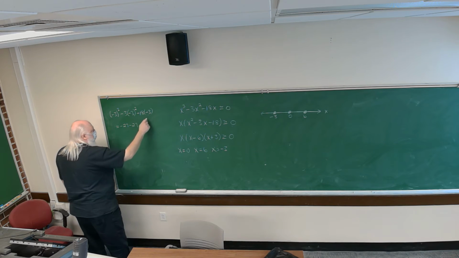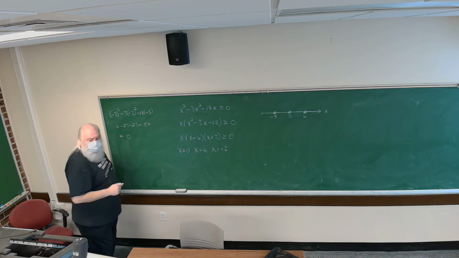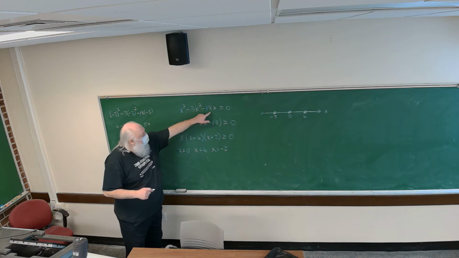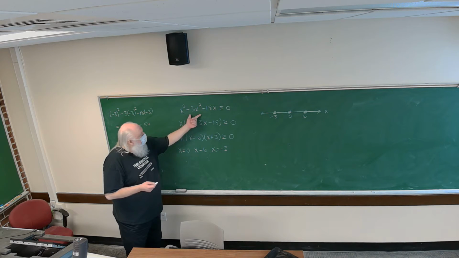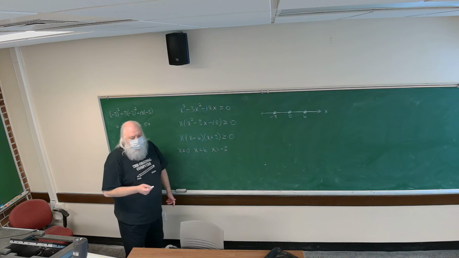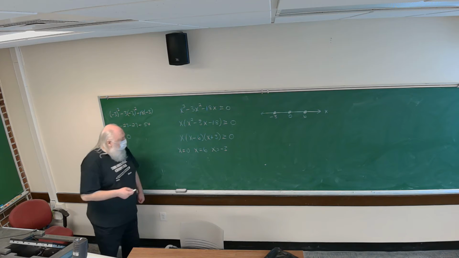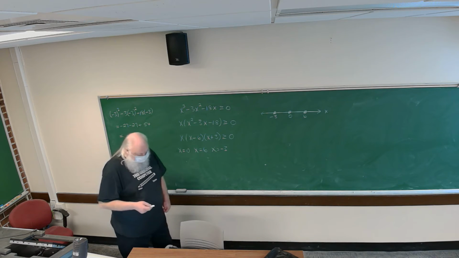Minus 18 times minus 3 is plus 54. That equals 0. So minus 3 put in for x makes the left-hand side equal to 0. It's the value of the left-hand side that has to be greater than or equal to 0, not the values of x. Does that address your question? Yeah, it does. Okay.